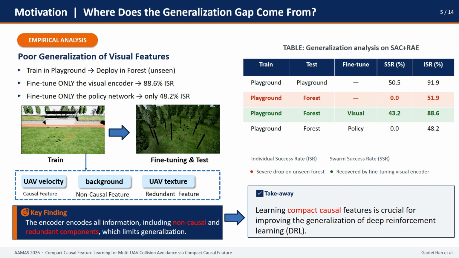So, the visual representation, not the policy, is the bottleneck of generalization. The reason is that the encoder encodes all information, including non-causal and redundant components, which limits generalization. The takeaway is clear. Learning compact causal features is crucial for improving the generalization of deep reinforcement learning.